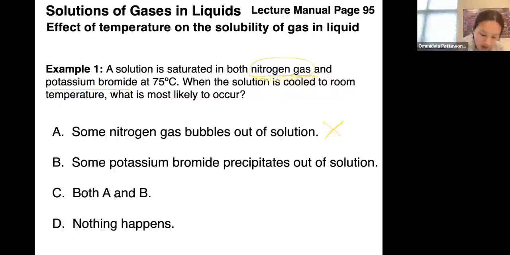The reason we know it's going to precipitate is that the keyword is that it's already at the saturated point at 75. Therefore, if it's cooler than that, it's going to achieve a supersaturated point that allows the excess solid to precipitate out. So in this case, choice B would be the correct answer.